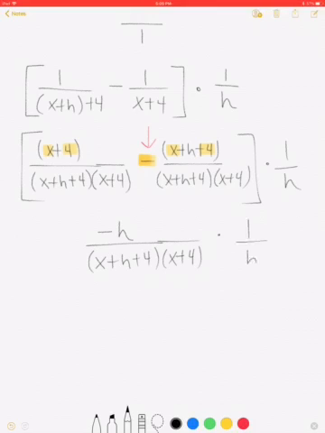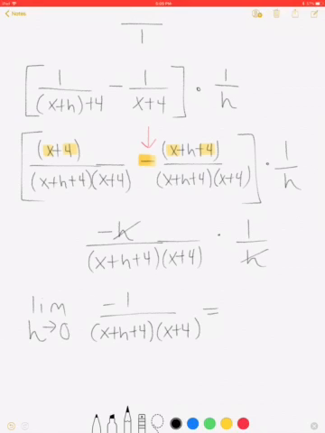Bring down the 1 over h, and look at that. Our h's cancel, which is always a good thing. And we've got a negative 1 over x plus h plus 4 times x plus 4. All right, since I'm done doing all of my algebra, I'm going to go ahead and bring down the limit now, because that's what the problem was all about.